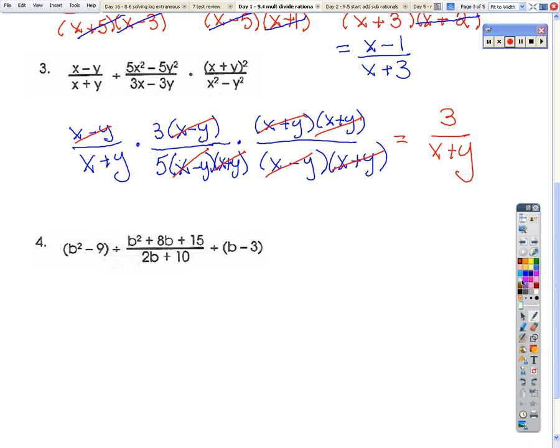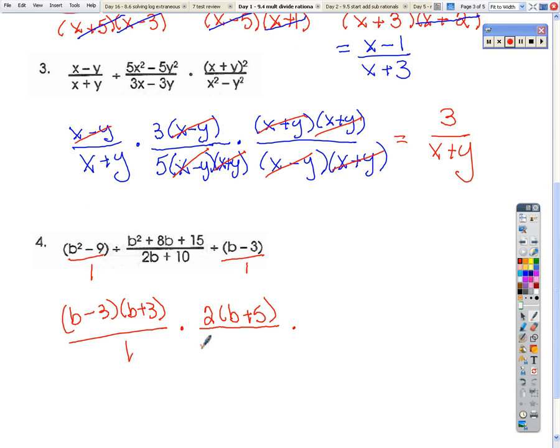Okay, so when we don't have a fraction, you can pretend that everything's written over 1. So this first piece will factor to b minus 3 and b plus 3. The second piece, because it's dividing, I'm going to take the reciprocal and factor what multiplies to 15 that adds to 8.